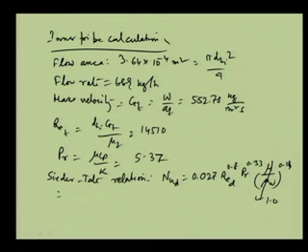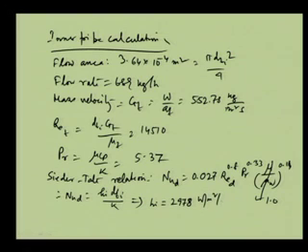And then Nusselt number based on diameter will be equal to 29, and Nusselt number is equal to Hi into dTi by K. From here we can find out that Hi is equal to 2978 watt per meter square per Kelvin or per degree centigrade, whatever it is, and then HIO will be equal to Hi into Id by Od, and that is becoming 2462 watt per meter square per Kelvin.